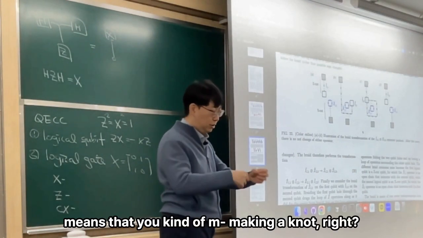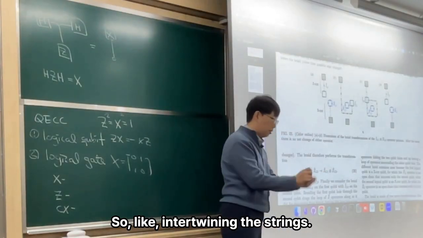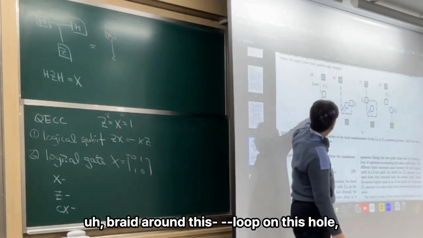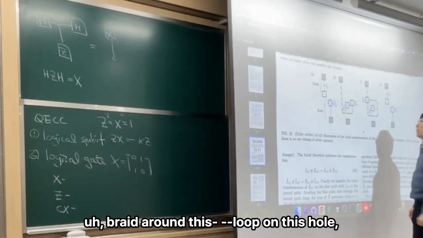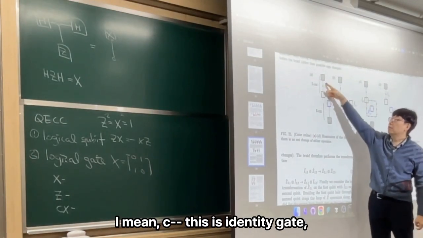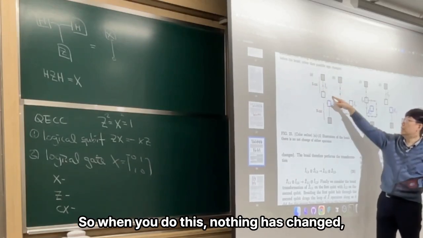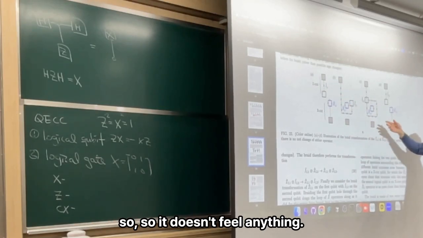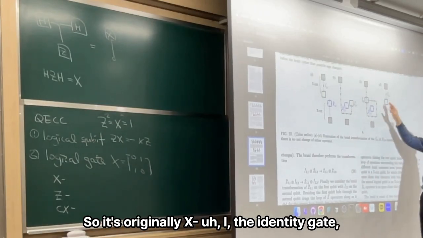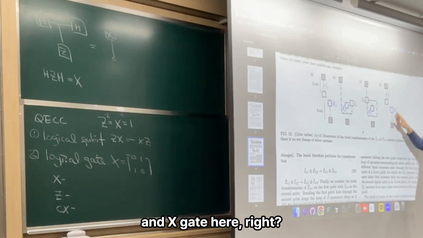Braid means that you're making a knot, like intertwining strings. So when you braid around this hole, you're just doing nothing because there's no chain at all. This is the identity gate, so there's no gate at all. When you do this, nothing's changed. So it's originally the identity gate and the X gate here, right?